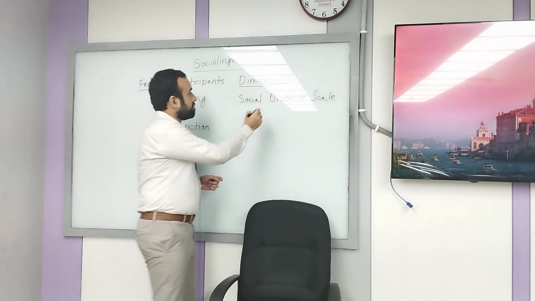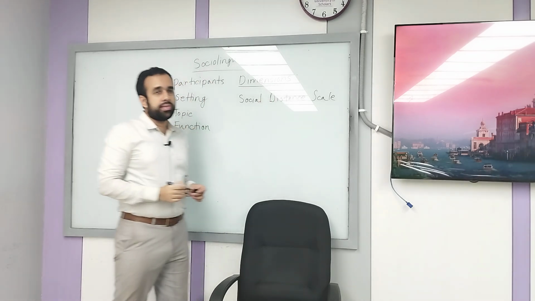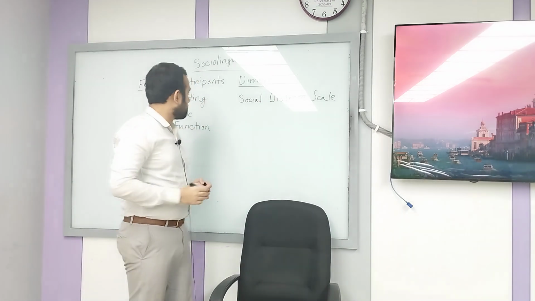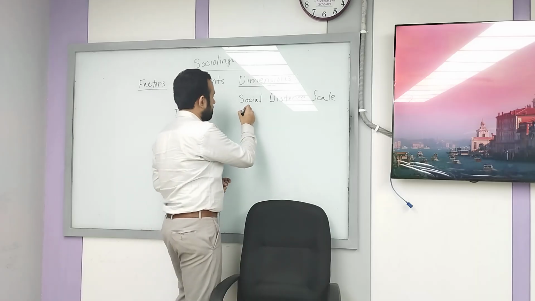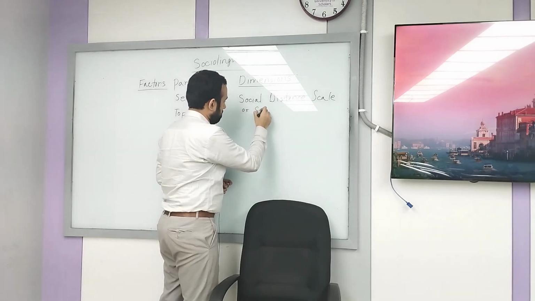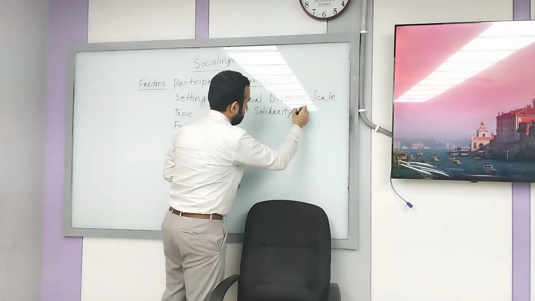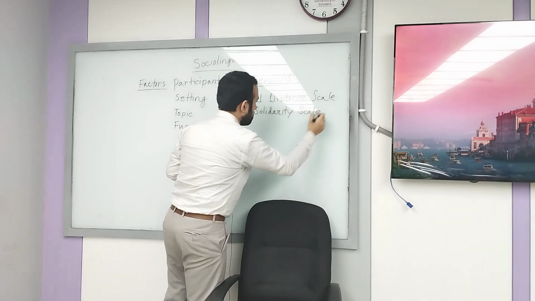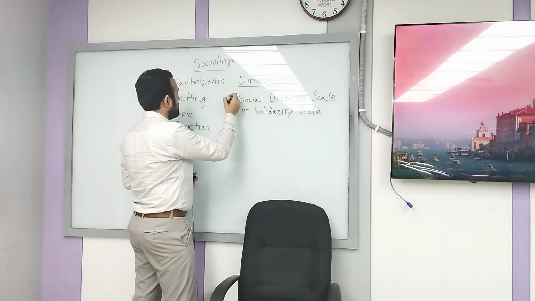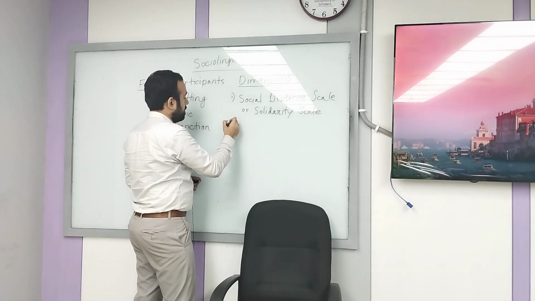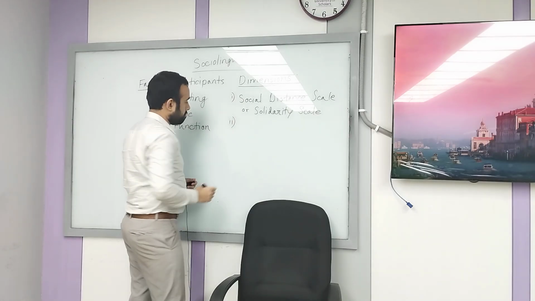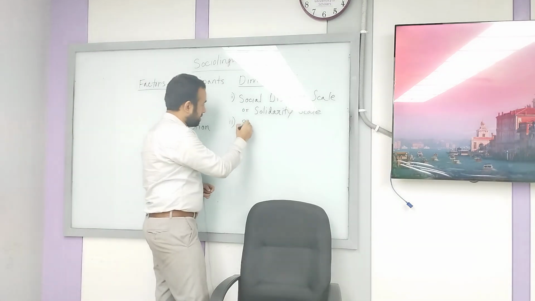So the first one is the social distance scale or solidarity scale, and then status.